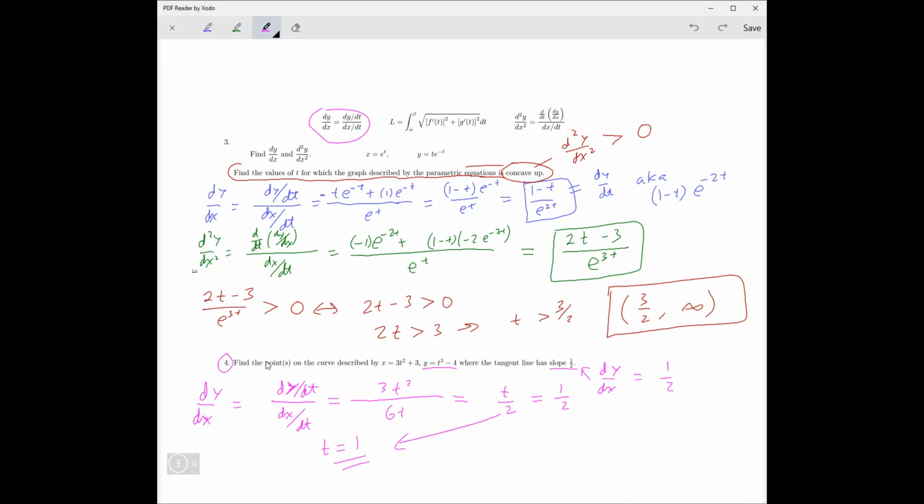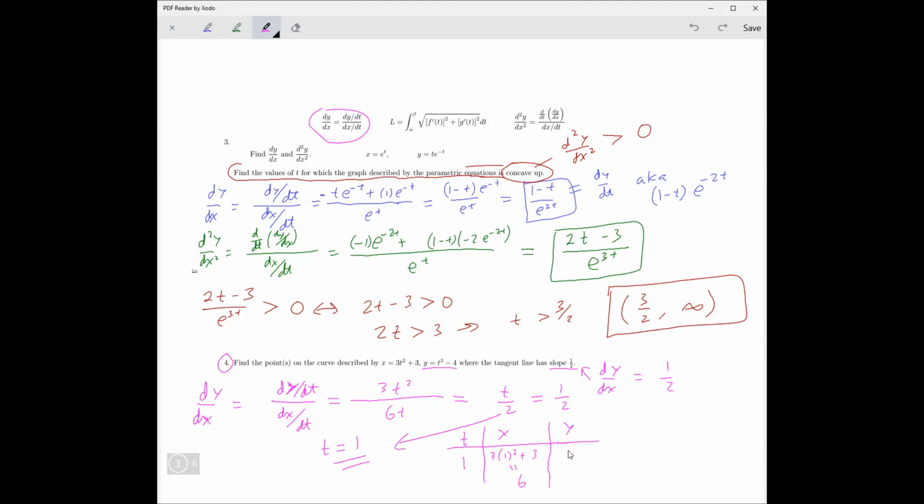But we need a value of x and a value of y. So I'm going to do this table again. When t is 1, for x you plug a 1 in here for t. That's going to be 6.